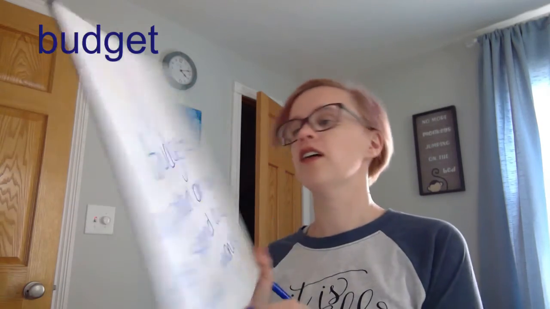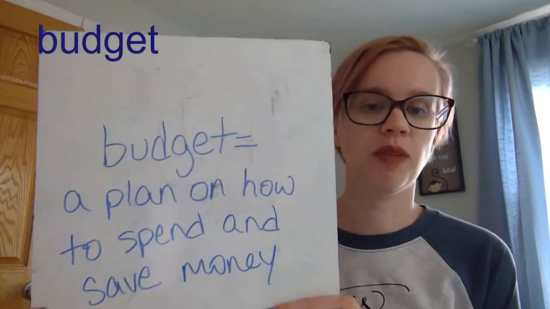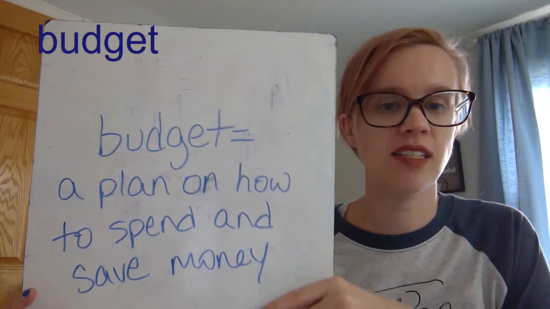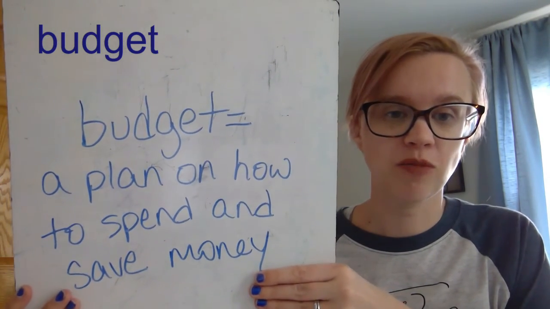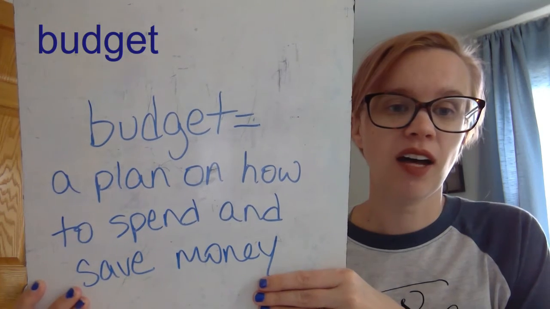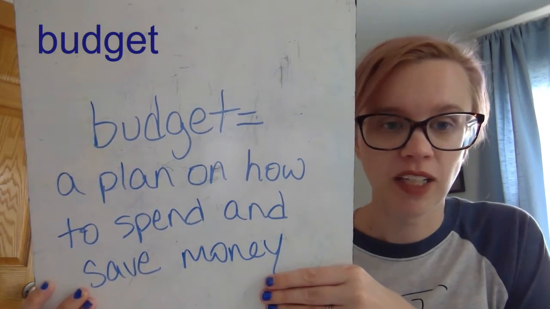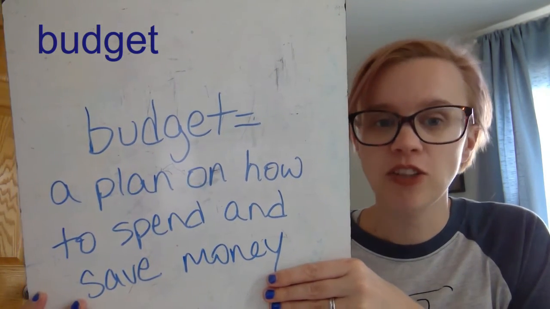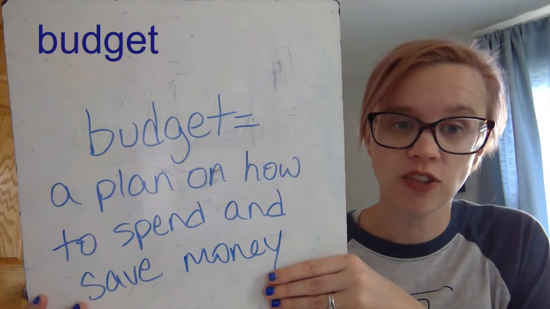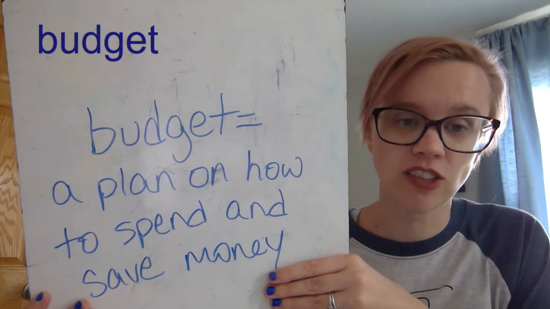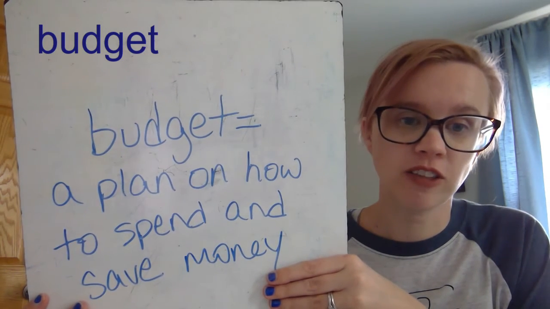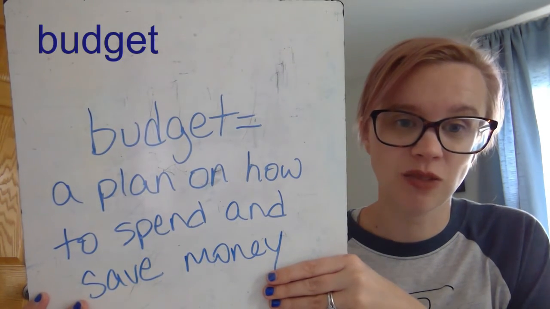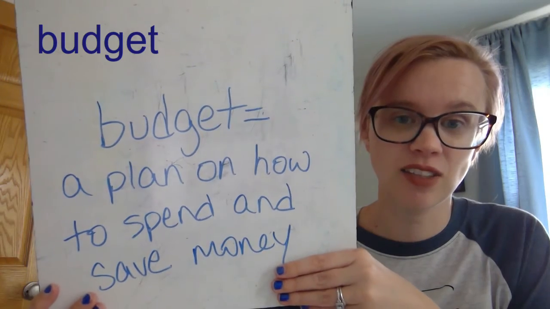That's a little messy there, but a budget is a plan on how to spend and save money. So when you did that budget sheet last week, you saw how you write down the money you have coming in, and then you can write down the things you have going out so that you can see how much money you're actually spending on things, and it holds you accountable for whether you're going to have money to put into savings as well. Okay, so that is doing a budget.